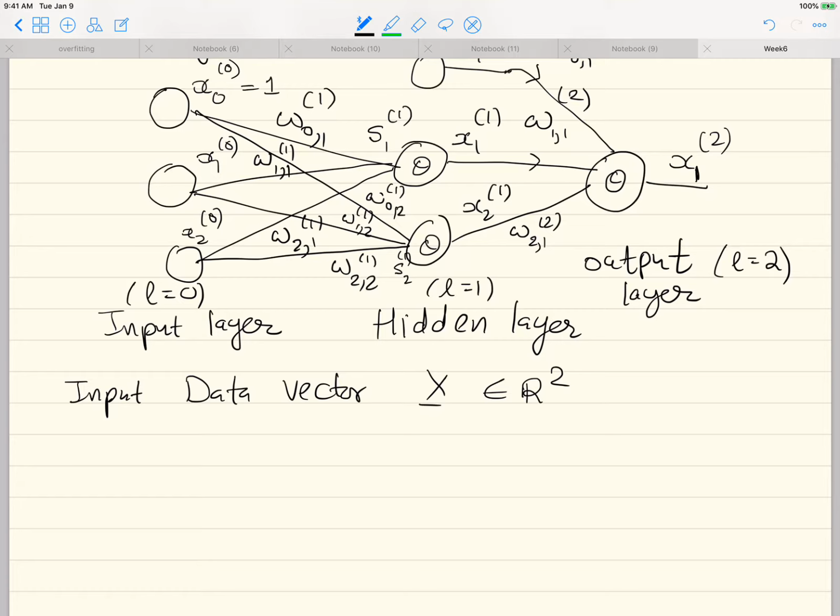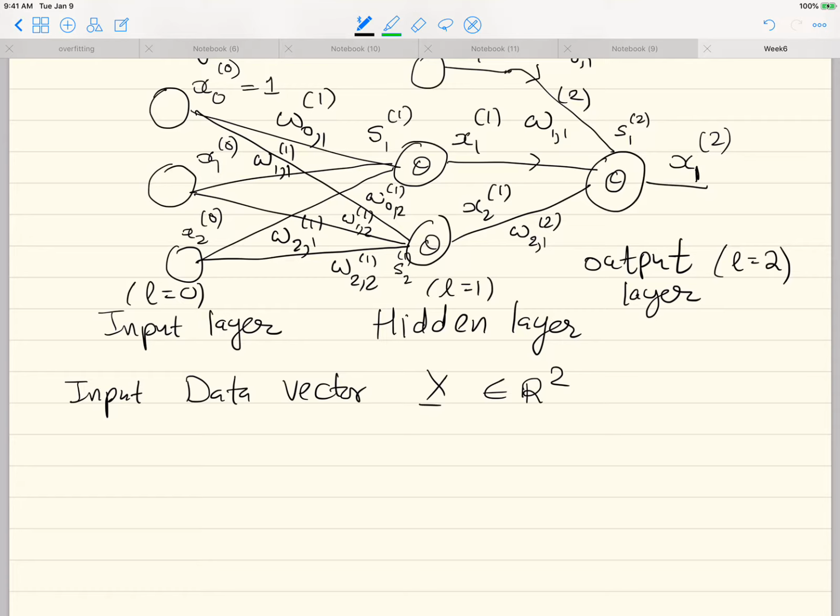The value that goes in will be denoted using the letter S. Similarly, the value that goes in here will be S1 of 2. And this theta is the activation function, like the tanh function that we discussed in the last lecture, that takes the input and applies the activation function and produces the output. So I hope everyone is familiar with this notation because it is very important in today's lecture.